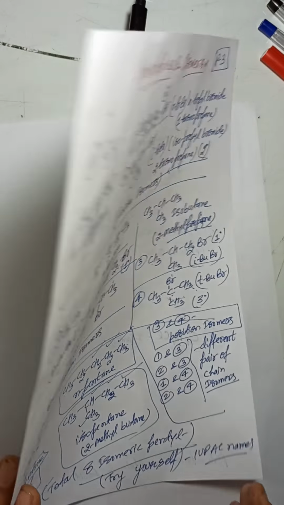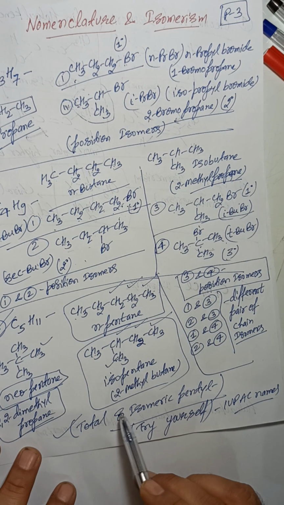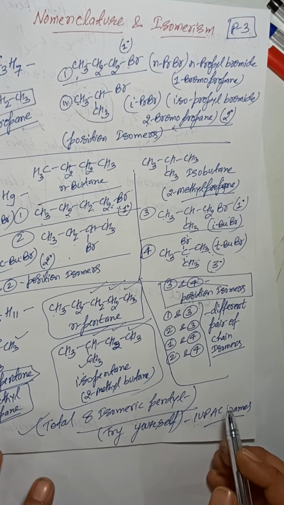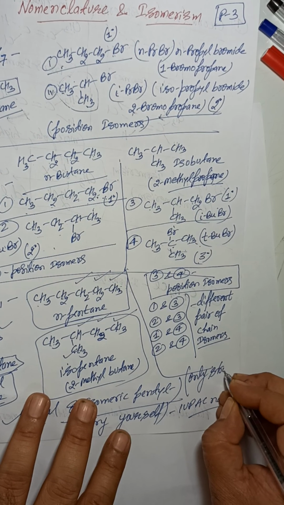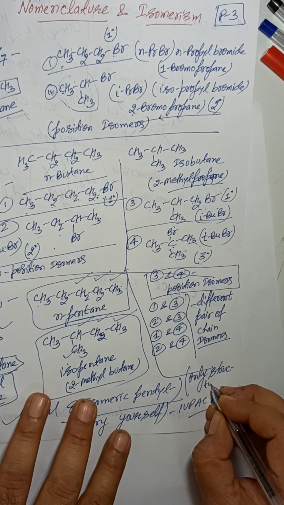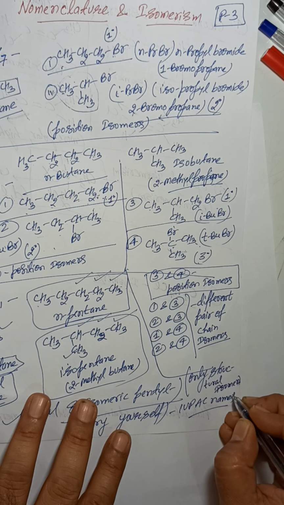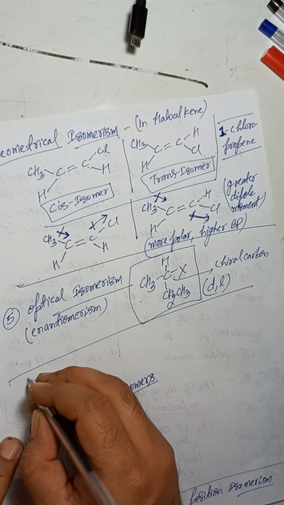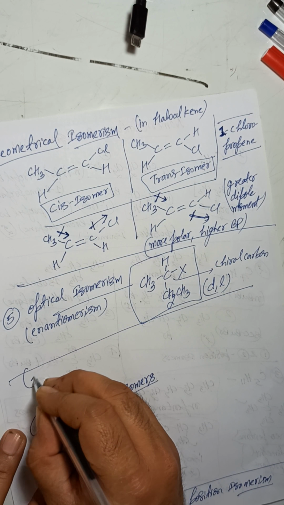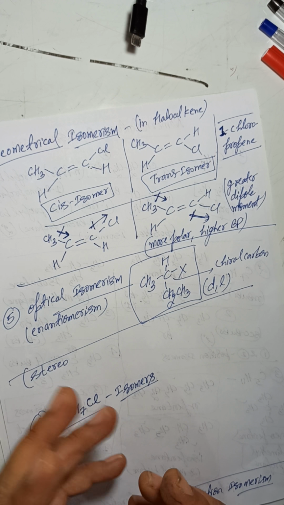Now let's come back. I am telling you one thing. If you are drawing the isomers here, there are a total of 8 isomeric pentyl halides. Here we were talking about only structural isomers. Both geometrical and optical are covered in stereoisomerism. Generally, when we are asked about isomerism, we forget about stereoisomerism.